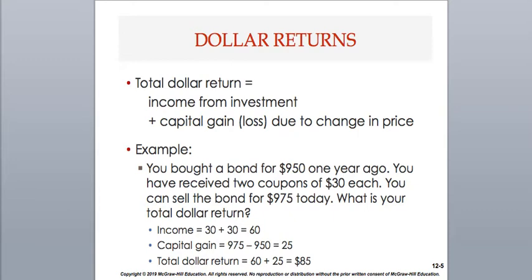It means that you made a gain of $25. The selling price, always the selling price, minus the purchase price. So your total dollar return would be your income of $60 plus your capital gain of $25 for a total of $85.